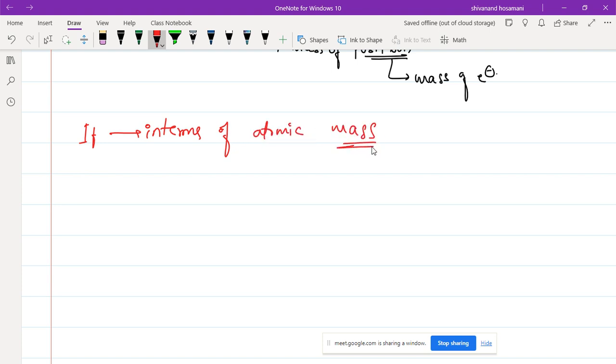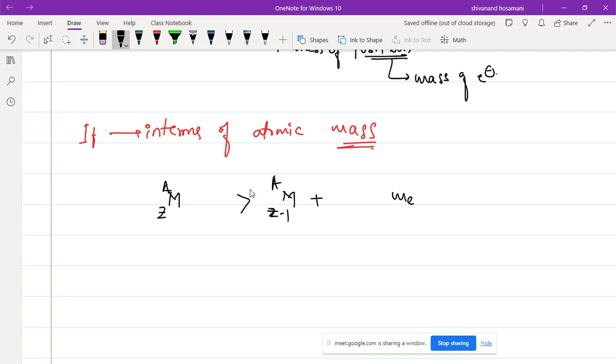In terms of atomic mass, this is going to be m with Z and A, greater than, as I told, the mass of Z minus 1 with atomic mass A, plus the mass of the positron. Keep this as it is.